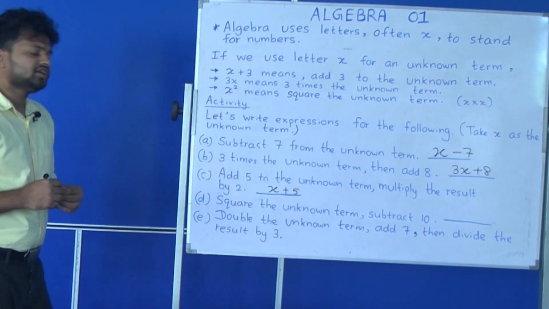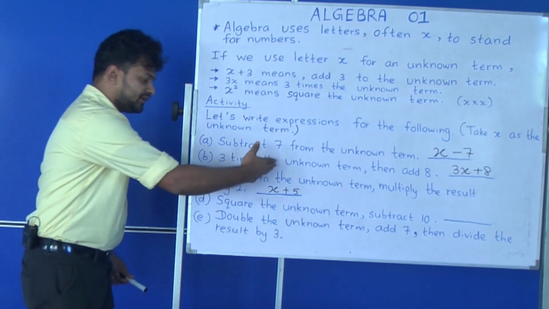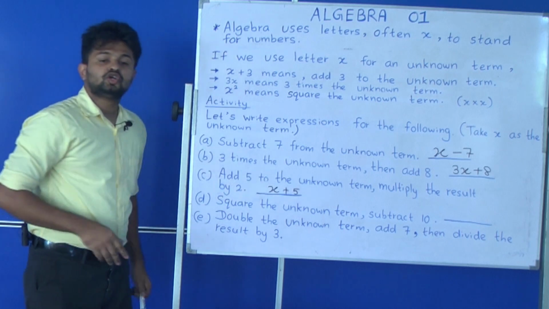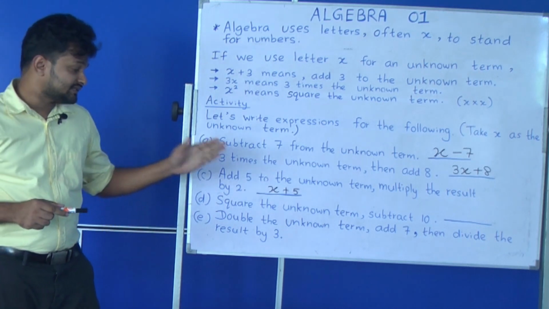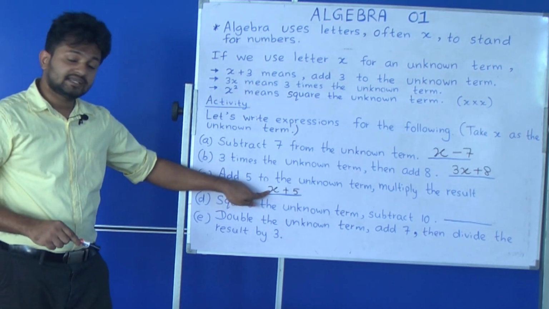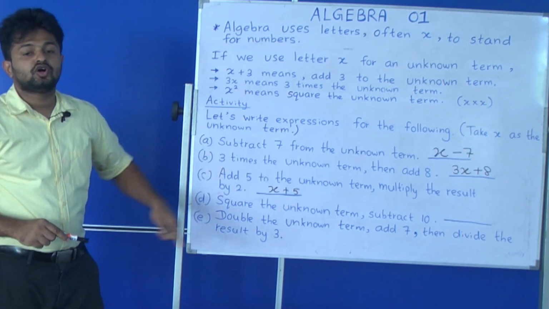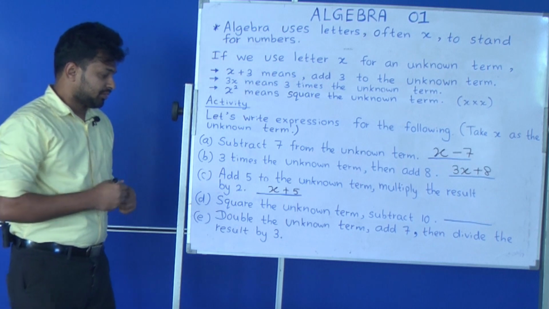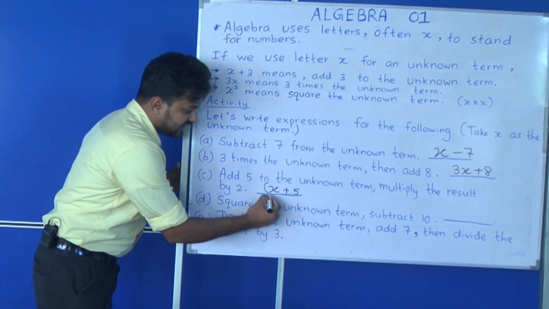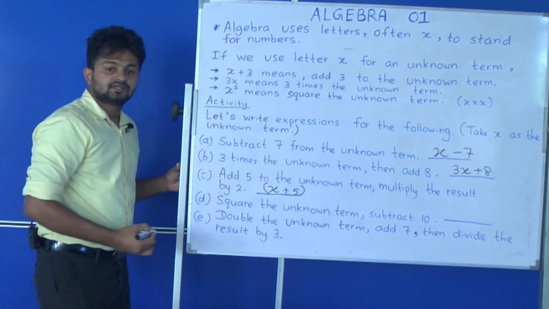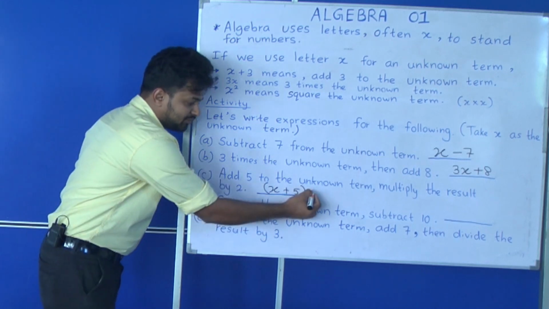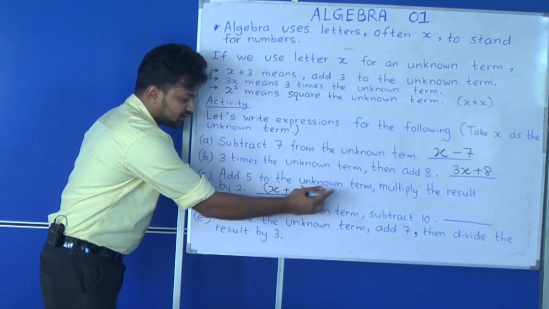Then how are you going to show that you are multiplying the whole thing by 2? Because we are multiplying the result by 2. Not only x, not only 5. Everything. The whole thing is going to be multiplied by 2. In that case, we are using a bracket. Then you don't have to put the multiplication sign and write 2 there.